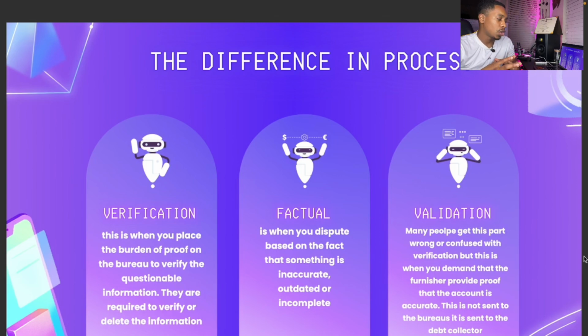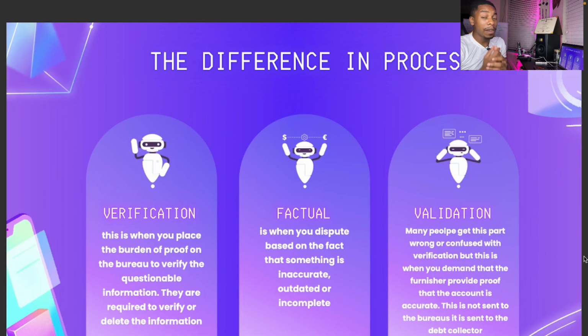Factual is when you're disputing based on the actual fact that it's inaccurate or outdated. Let's say you have an inquiry and it's past the time. Disputing that is a factual dispute.